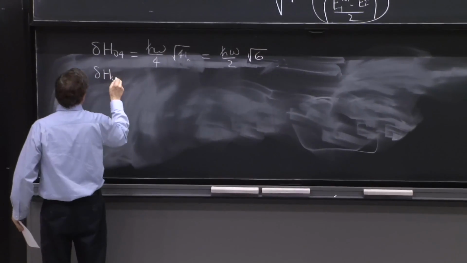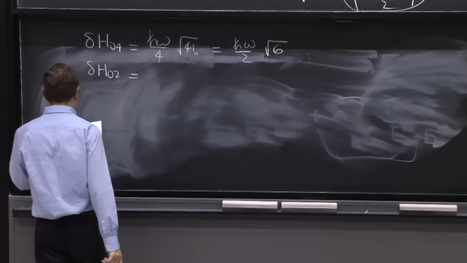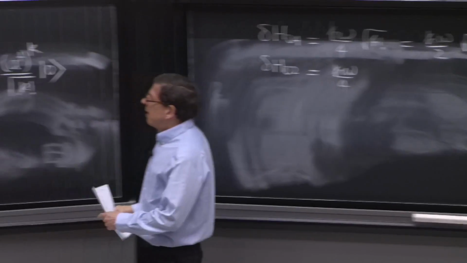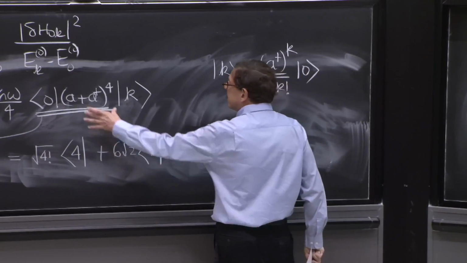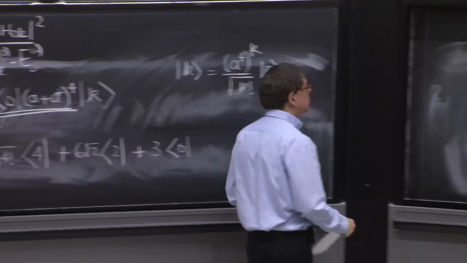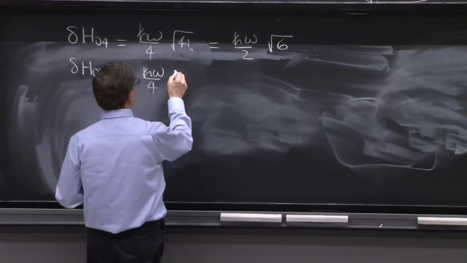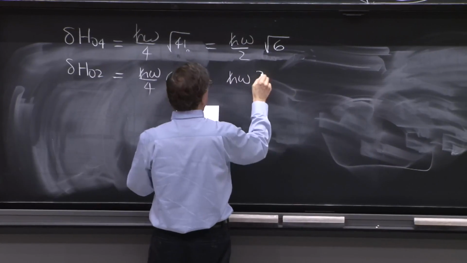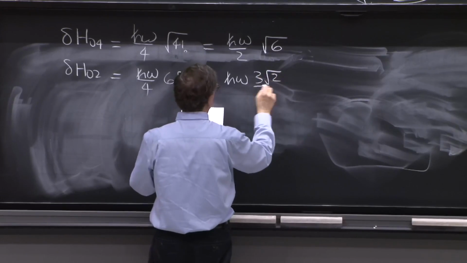Delta H02 is equal to h omega over 4 and the overlap of this state with 2, which is 6 square root of 2. So this is h omega 3 square root of 2 over 2.